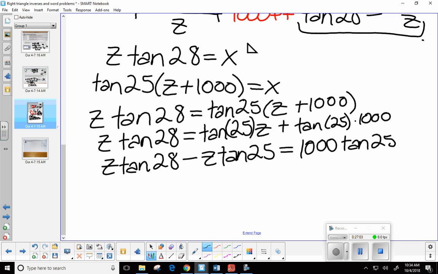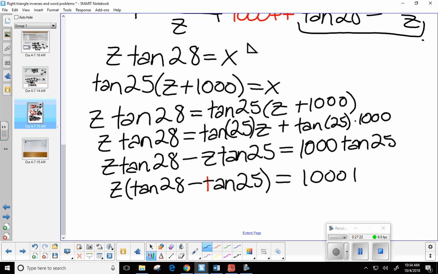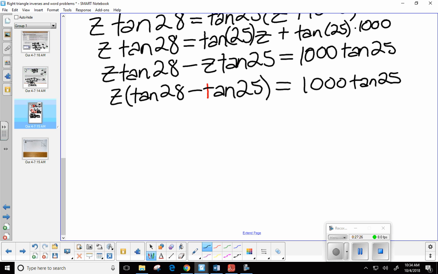And so we know that we have z in both of those, so we can factor it out, right? And so we can factor out the z from both of them, z times tan 28 minus tan 25. And then we have equals 1,000 tangent 25 because we didn't do anything over there.